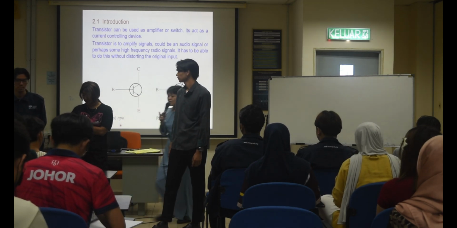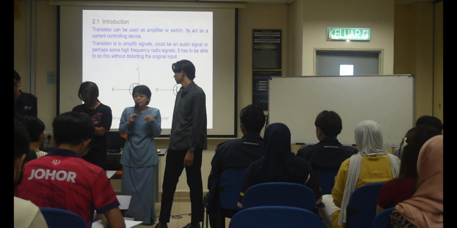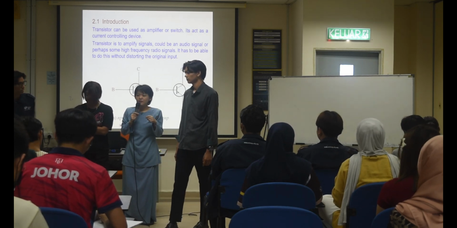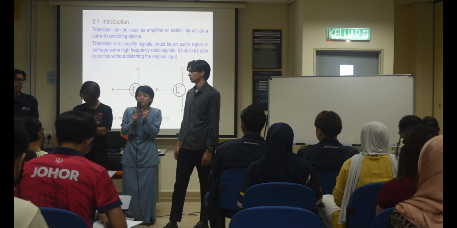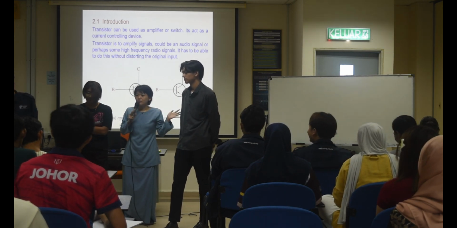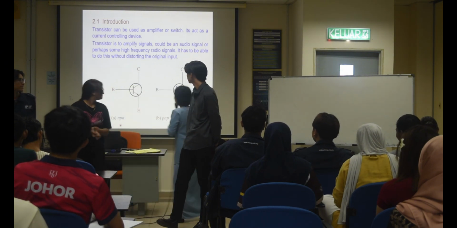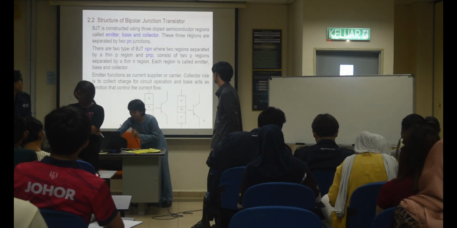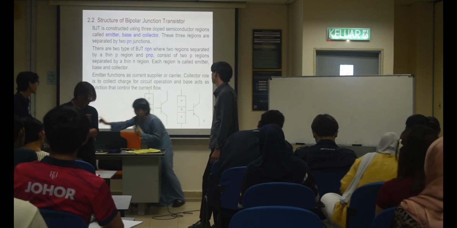Understand? And between them there is a gap. The gap is where the electron transfer happens. Remember, in the P-N junction we have a gap, right? Is it narrow or bigger? Narrow.